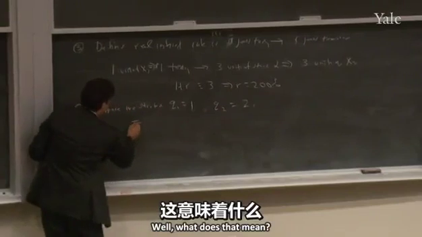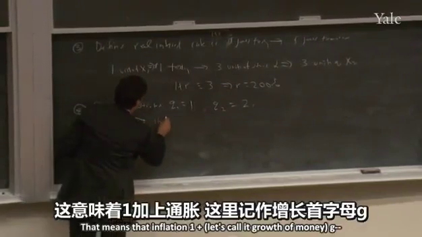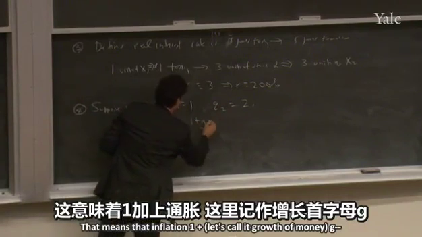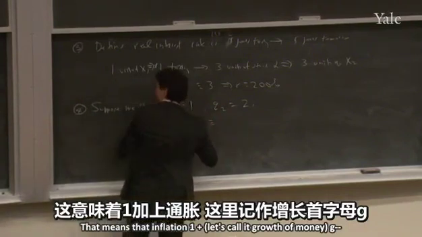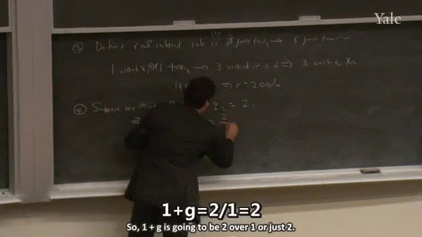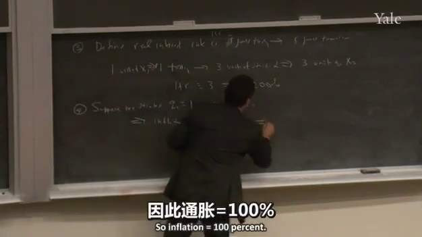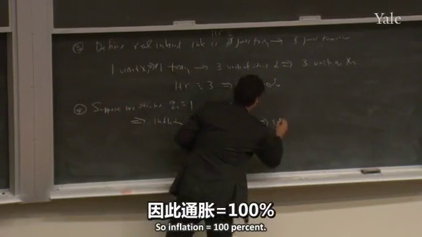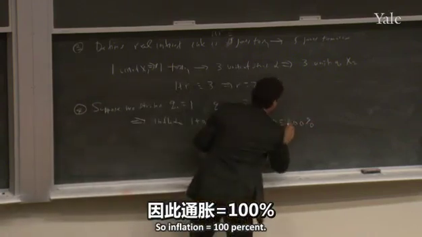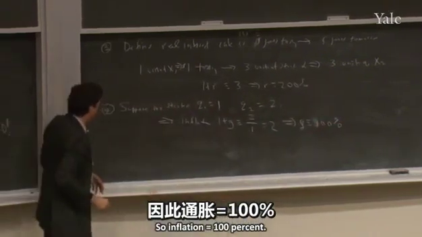Well, what does that mean? That means that inflation, okay, 1 plus, let's call it growth of money, G, since I've already used I for the nominal interest rate. So 1 plus G is going to be 2 over 1, which is 2. So inflation equals 200%, minus 100%, equals 100%.